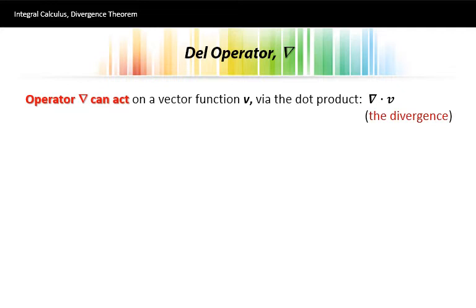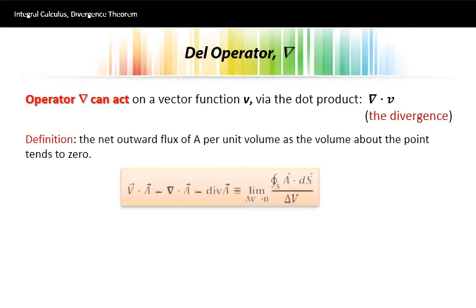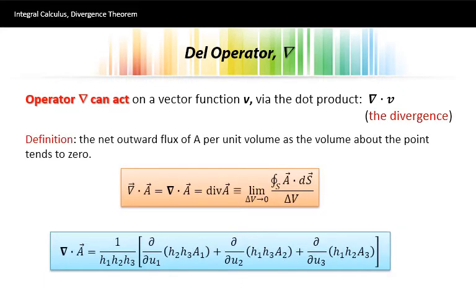The second type of operation of the del operator we call the divergence. The definition of the divergence is the net outward flux of A per unit volume as the volume about the point tends to zero. If you write this down in terms of an equation, this is what it represents.